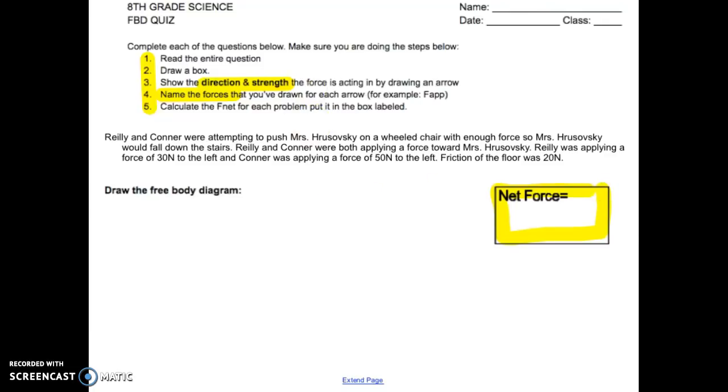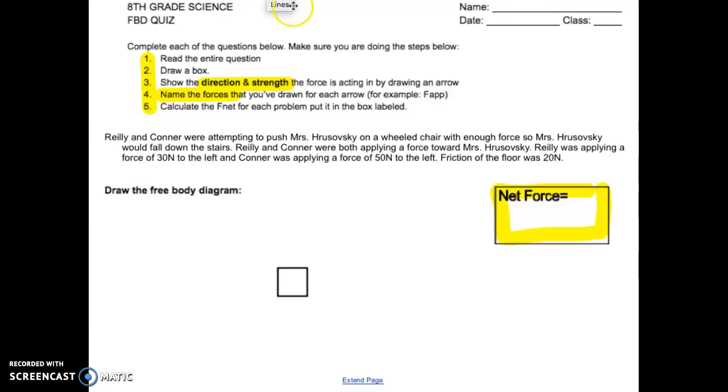So for example, to get a perfect score on this question, and I'm sorry if it's not the neatest, I would like to see obviously the box drawn first. Okay, doesn't need to be super big. From there we go through the problem, and it says Riley and Connor were attempting to push Mrs. Hershowski on a wheeled chair with enough force so Mrs. Hershowski would fall down the stairs.